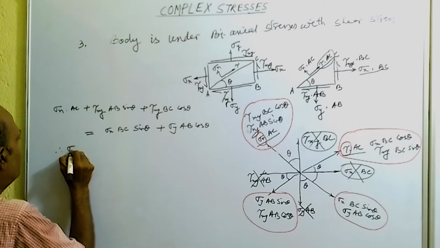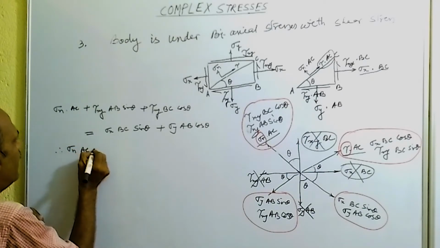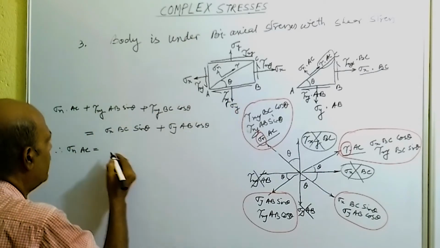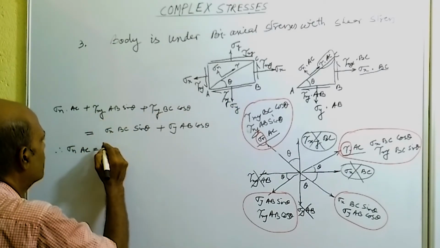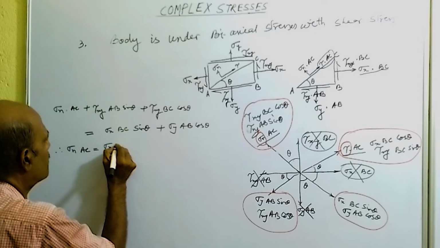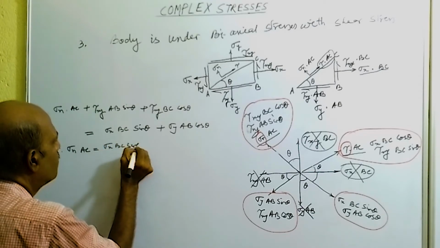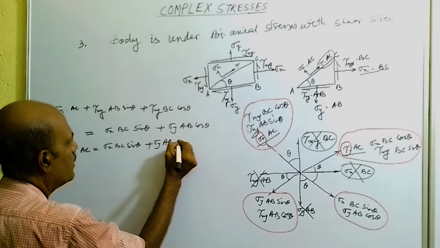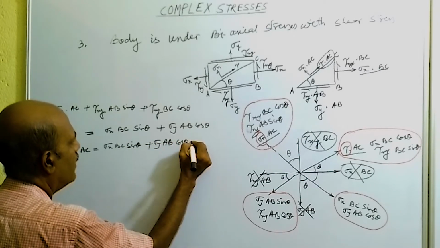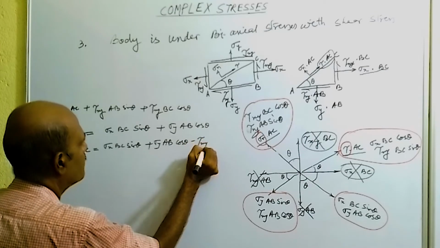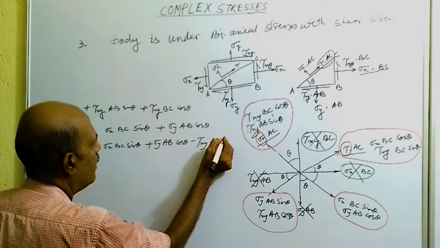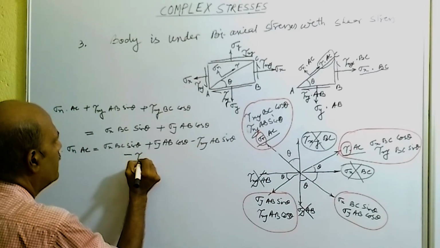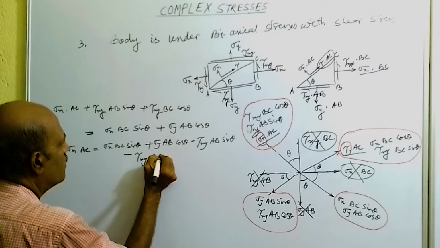Therefore, sigma n into AC, these two will go to the right side and the sign will change: sigma x BC sin theta plus sigma y AB cos theta minus tau xy AB sin theta minus tau xy BC cos theta.